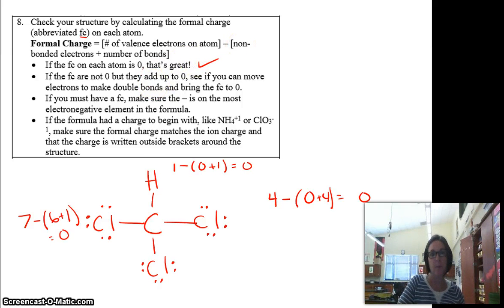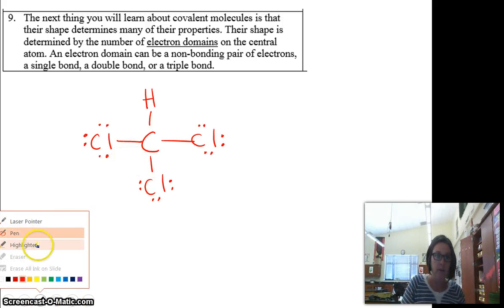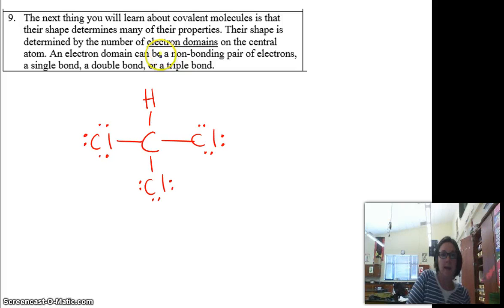The last thing we're going to do is to get ready for our next step. The next step is to learn about the shape of molecules, and the shape is determined by the number of electron domains on our central atom. An electron domain can be one of two things. It can either be a non-bonding pair of electrons, or it can be a bonding domain.